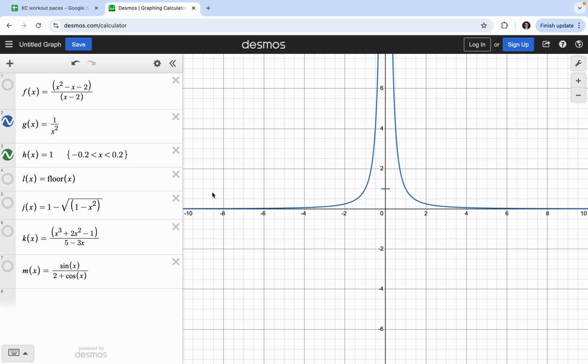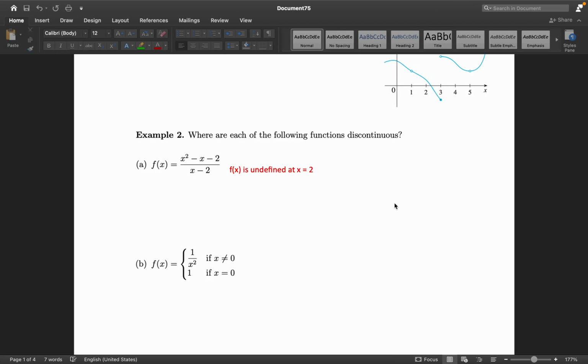So I've got this function that is 1 over x squared, and then I've got the true value at 0 down here because of the piecewise part. So I've got these limits, and these limits agree they're both positive infinity, but f of 0 is 1 right there. So I've got a discontinuity.